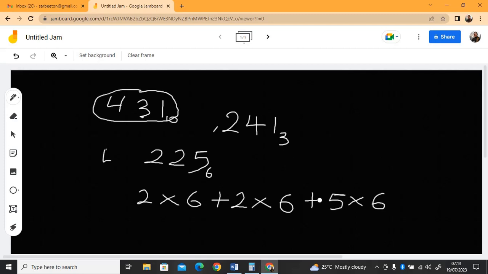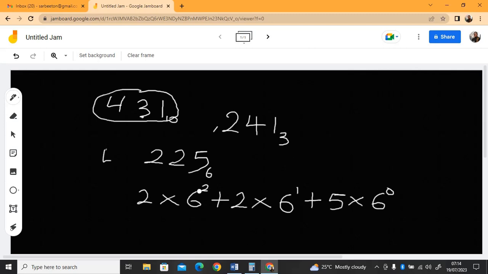The next thing you are going to do is add a power. The power will start from the right side. The 6 you multiply with, you put a power on it, starting from 0. So at the top of this 6 is going to be 0, here is going to be 1, here is going to be 2.